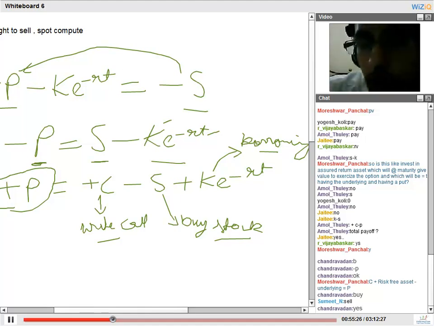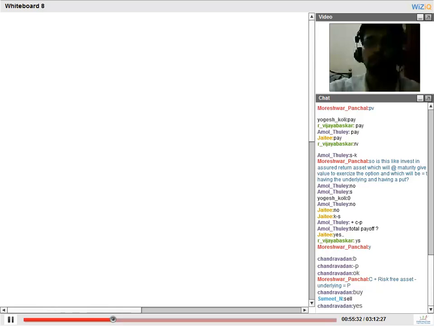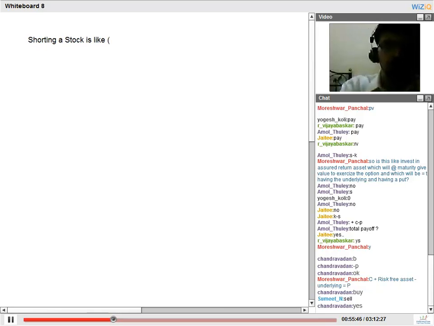Understood, guys? How you have to do it? You have to first rearrange what you need and then solve the question. So we'll do a couple more, and please answer and understand the concept. So now tell me, using the put call parity, shorting a stock is like. Okay, do the same way. Shorting a stock will be represented as plus S or minus S? You are selling the stock, so it will be represented as plus S. Keep plus S on one side.